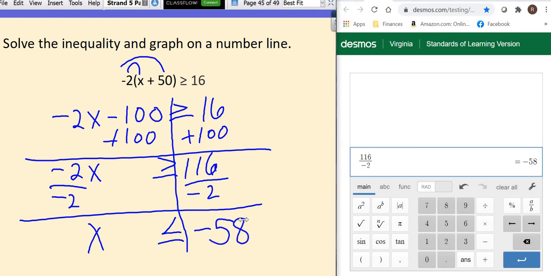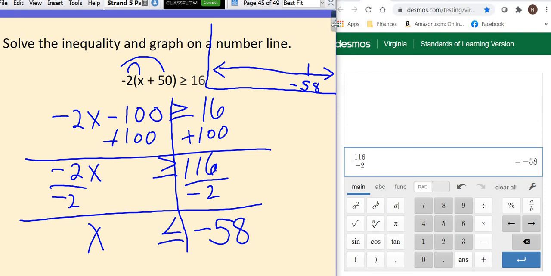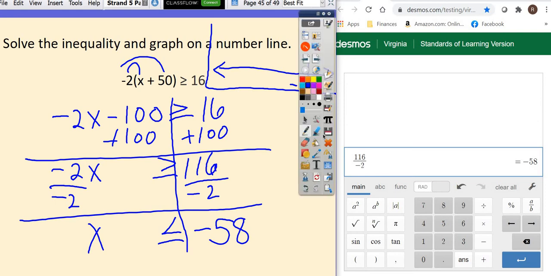Now, we wanted to graph this on a number line. So I'm going to come up here at the top and make a very strange number line. My answer is negative 58, or at least that's part of it. This said x is less than or equal to negative 58. Well, I'm going to get a highlighter so you can see what I have to do to graph that. Hold on just a second.